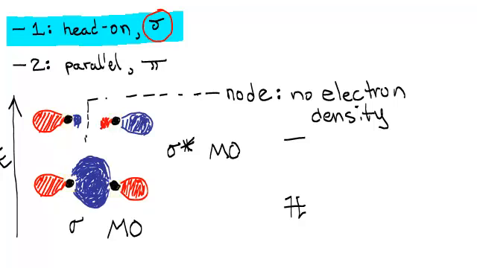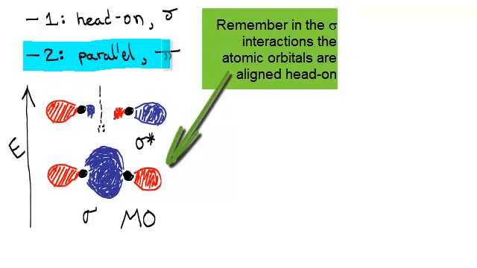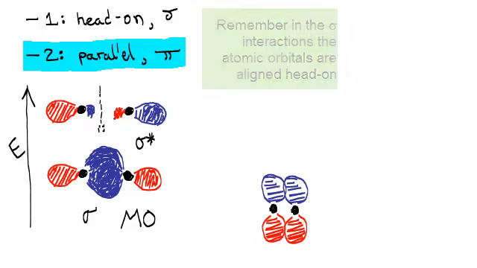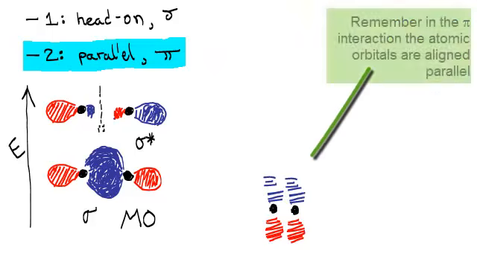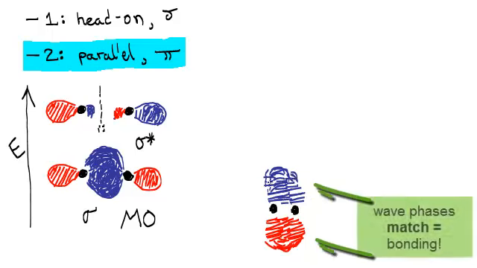Let's compare and contrast sigma bonding to pi bonding. Of course, there are going to be similarities, but there are going to be important differences as well. Just like when we formed the sigma MO, when we form the pi MO, we construct a pi MO by constructive interaction between the two p orbitals, or p-like orbitals, of any atom in the second and third row of the periodic table.